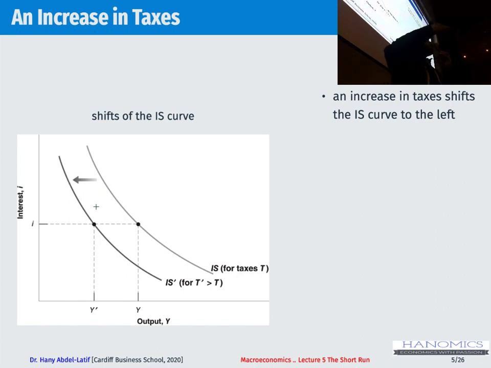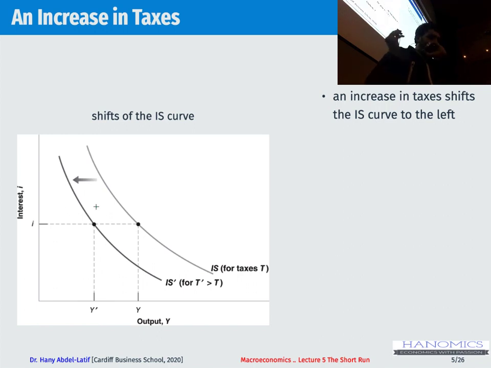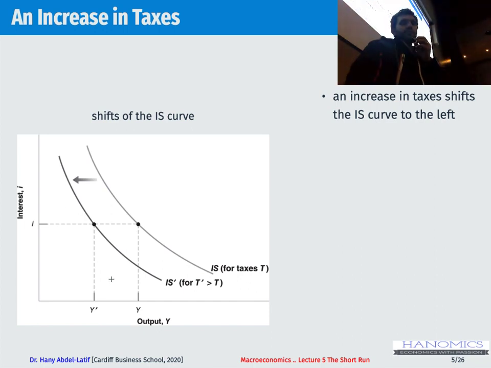We understand why, because the aggregate demand curve should move downward. So on this graph, an increase in taxes will shift IS to the left, and that means at the same level of interest rate, which is I, we have a lower level of output, moving from Y to Y prime here.